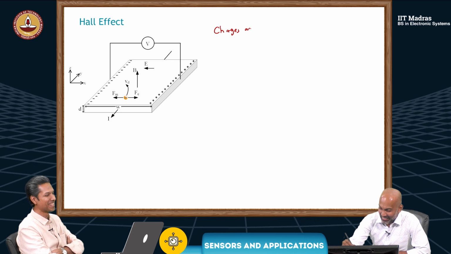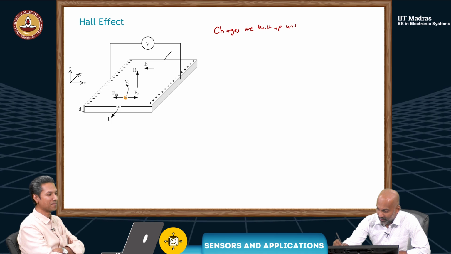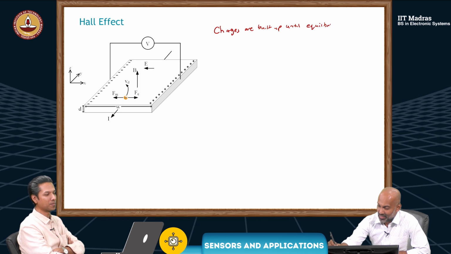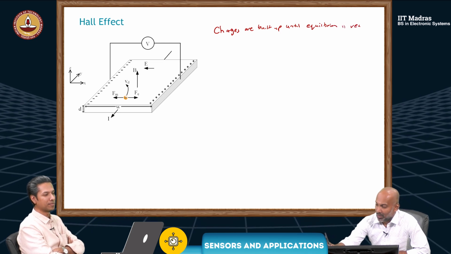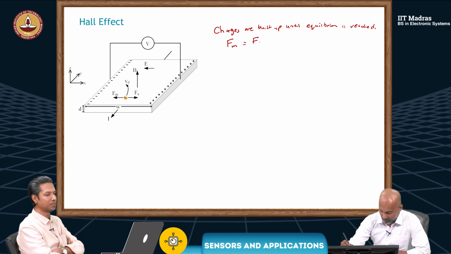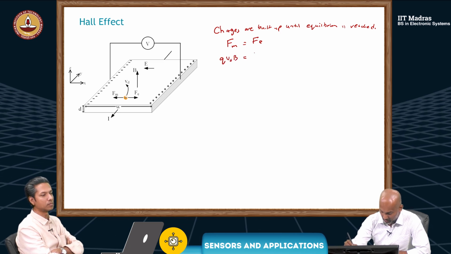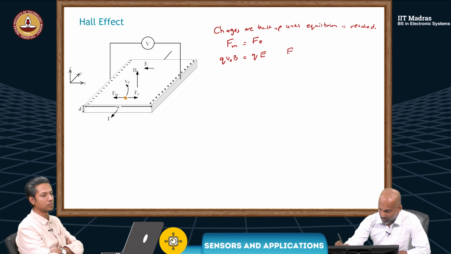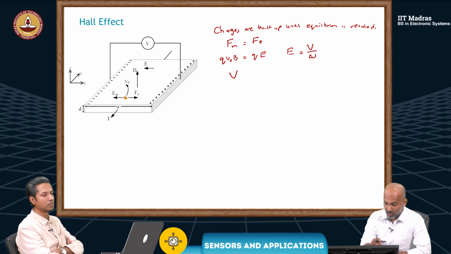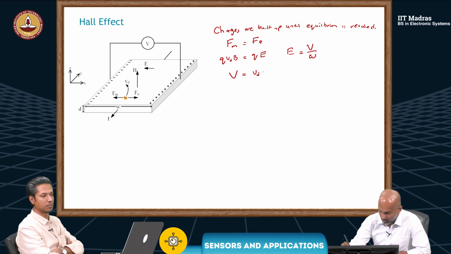So charges are built up until equilibrium is reached, which means your Fm is equal to Fe. So this we know is Q VdB. This is QE. We know E is volt over width. Then this voltage that we measure can be written as VdBW.